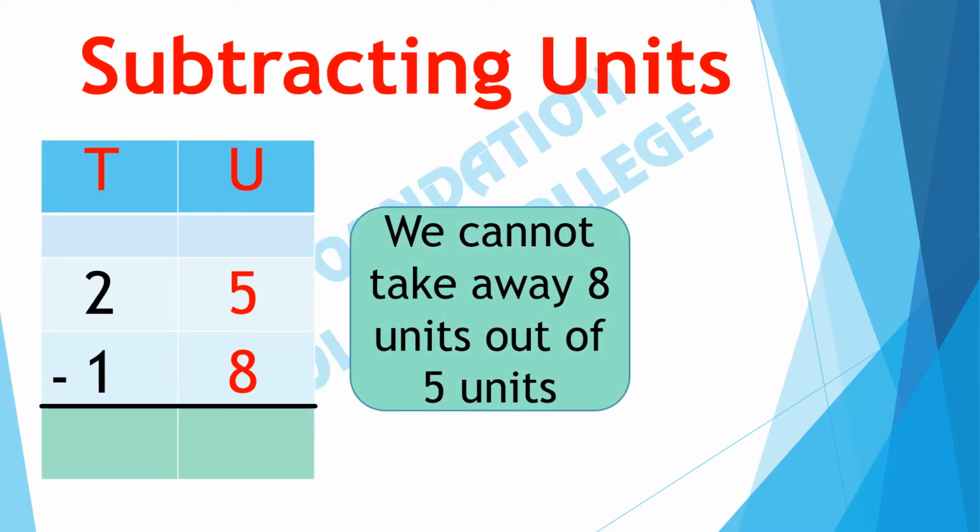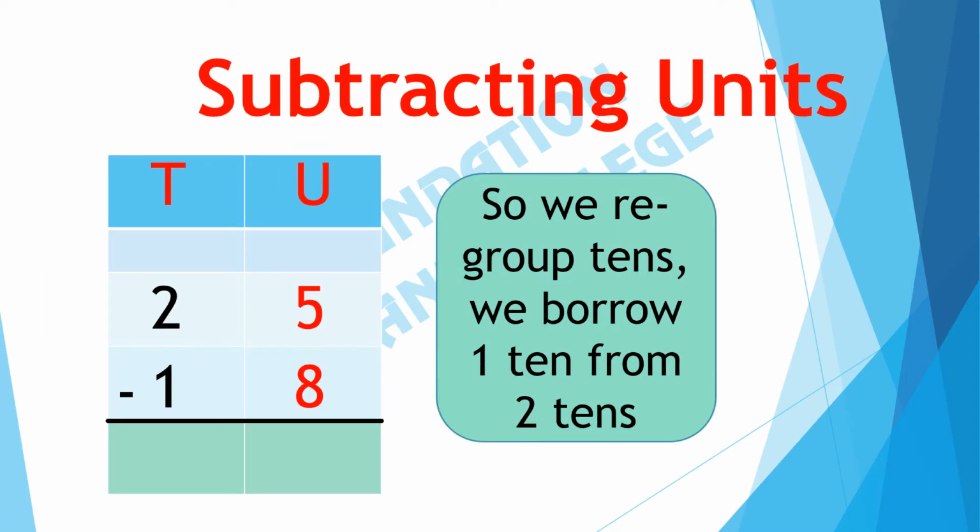As we cannot take away 8 units out of 5 units, so we regroup tens. We take borrow. We borrow 1 ten from 2 tens. From 2 tens, if we take 1 borrow, here we are left with 1 ten.